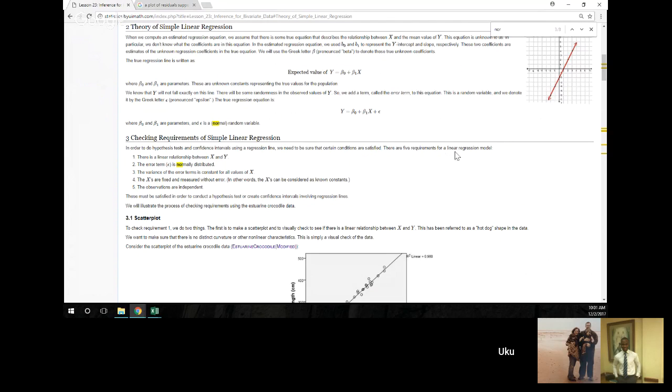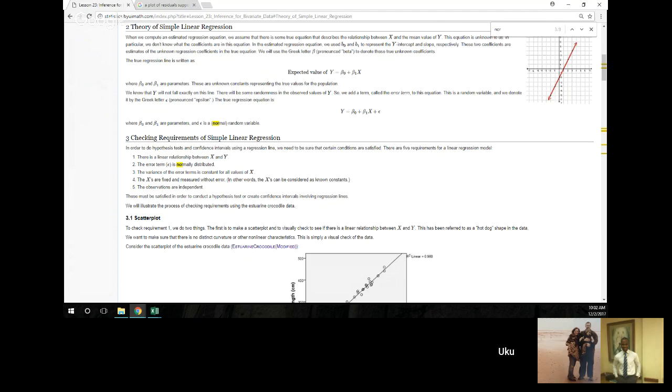There are 5 requirements for a linear regression model. So the way I'm taking this is, if these 5 are not met, we cannot do a linear regression. Does that make sense? Yeah. And if these 5 are what they're asking here in option 8, then all of them have to be met. Otherwise, we won't be using linear regression for this model. That's kind of the way I'm reasoning it, so as not to confuse myself.